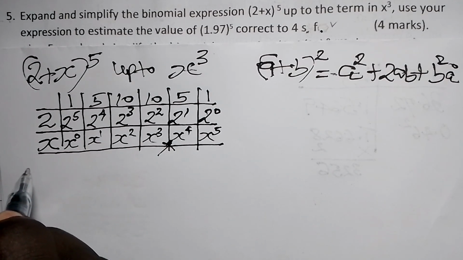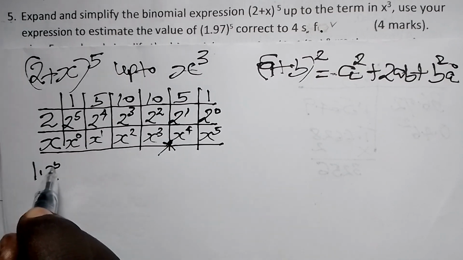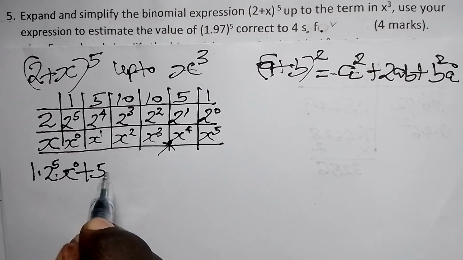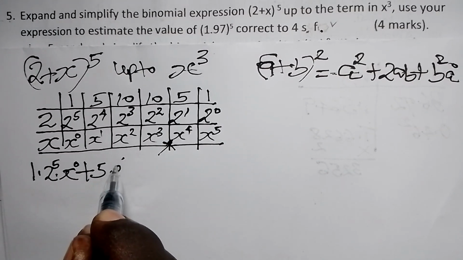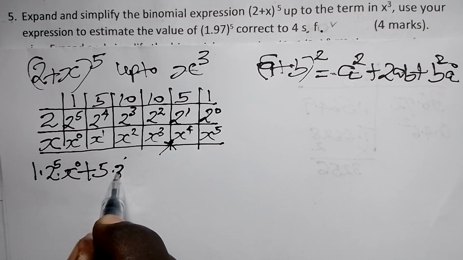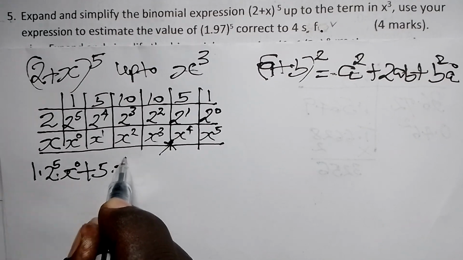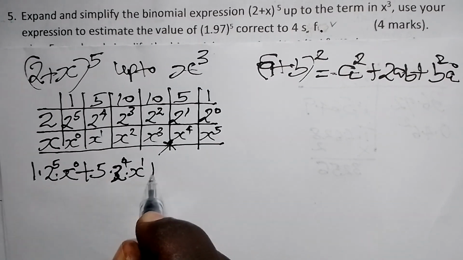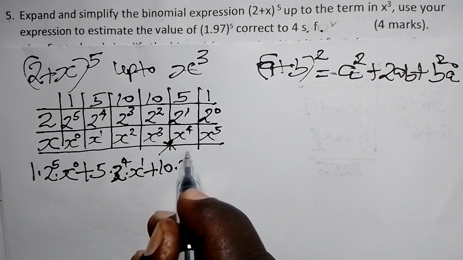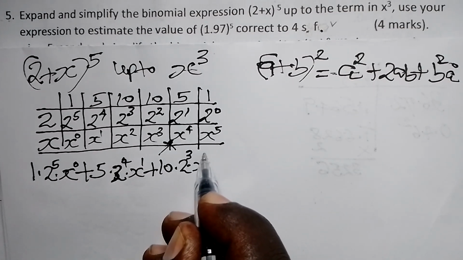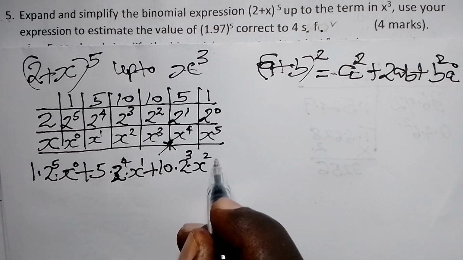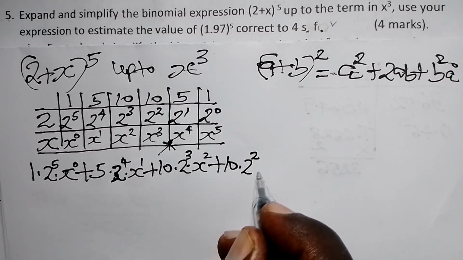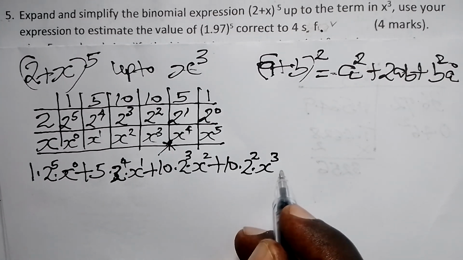So we'll get 1 times 2 to power 5 times x to power 0, plus 5 times 2 to power 4 times x to power 1, plus 10 times 2 to power 3 times x to power 2, plus 10 times 2 to power 2 times x to power 3, because we want to go up to that term.